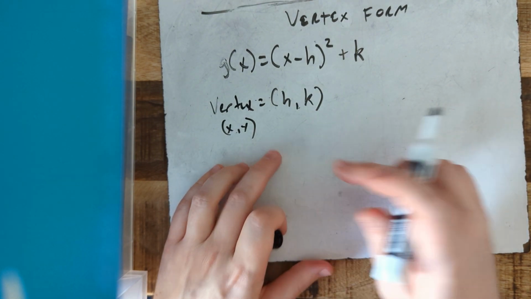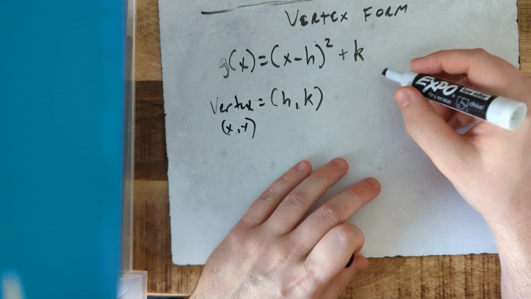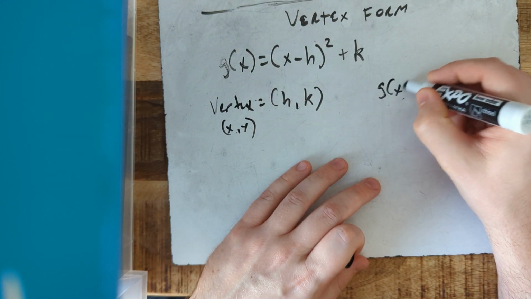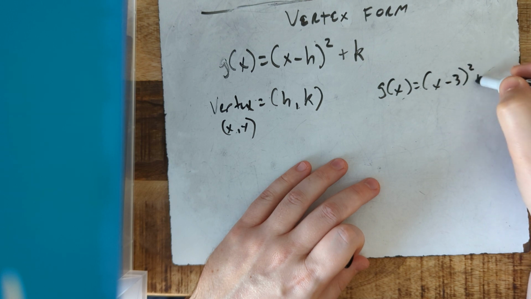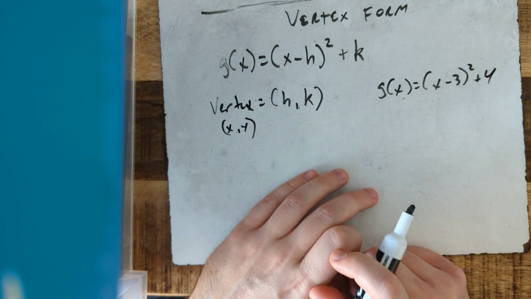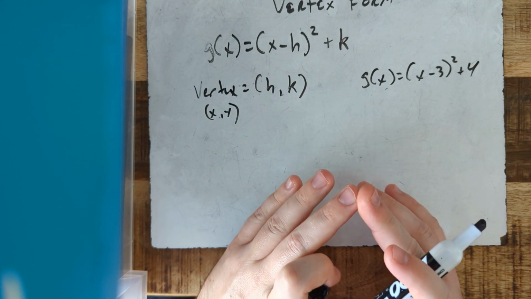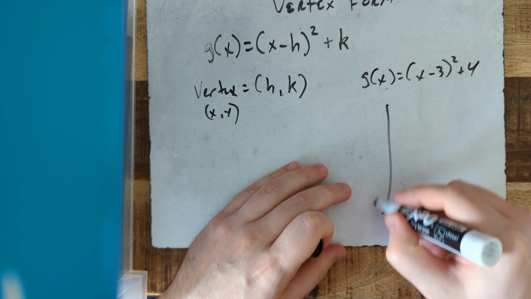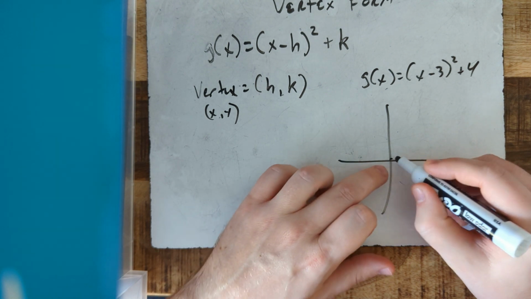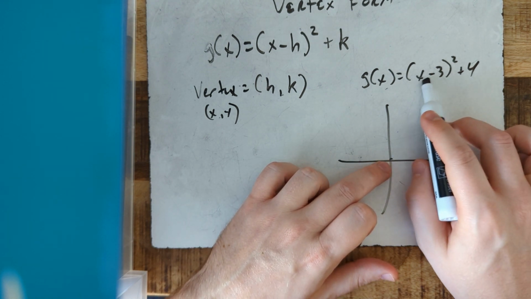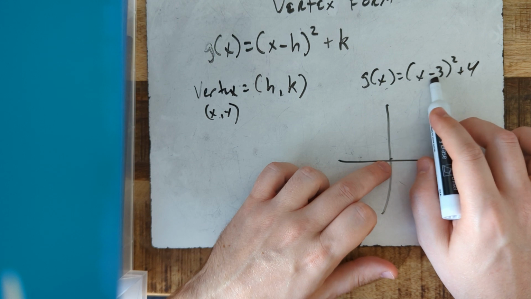So let's do an example. Let's do g of x equals (x minus 3) squared plus 4. If we draw our simple graph here, starting at 0, let's shift in the middle first. Look at our h here.